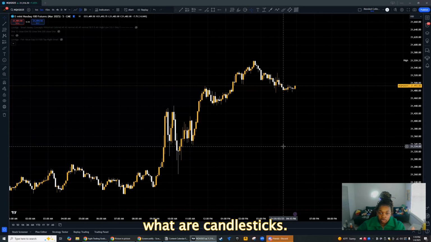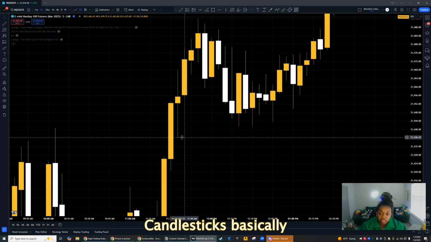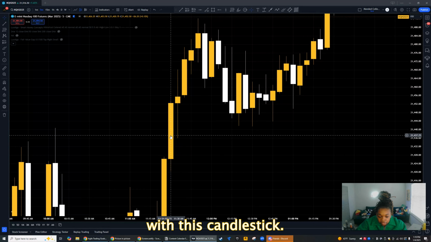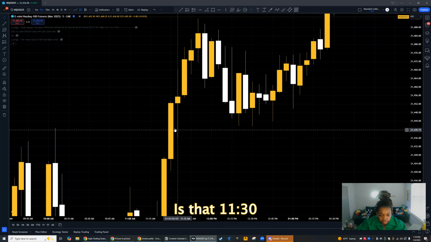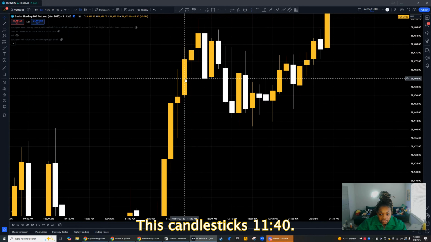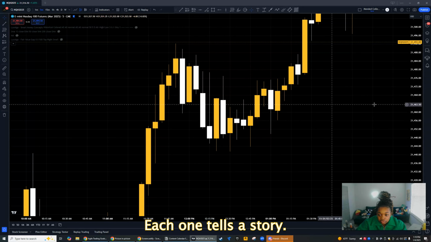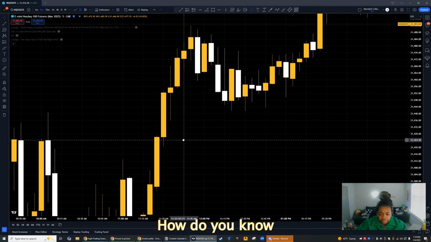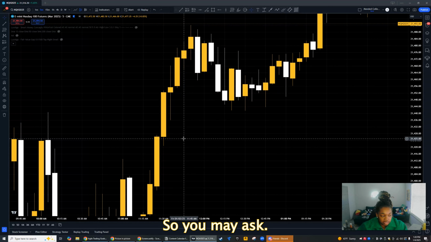Now, you may ask, what are candlesticks? Candlesticks basically tell a story on a chart. This candlestick is at 11:30, this candlestick's 11:35, this candlestick's 11:40. Each one tells a story. How do you know which candlestick is a buy or sell, you may ask?